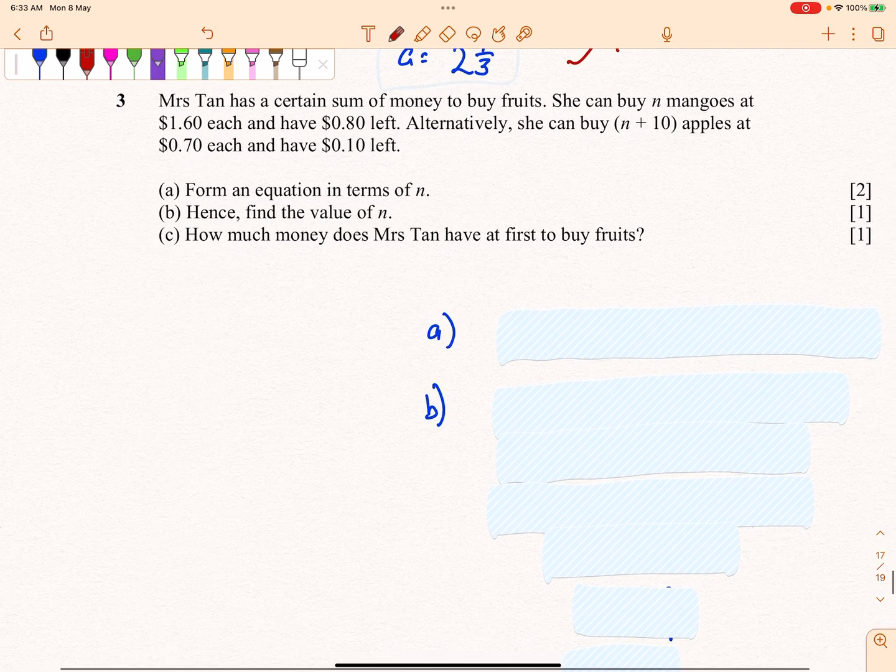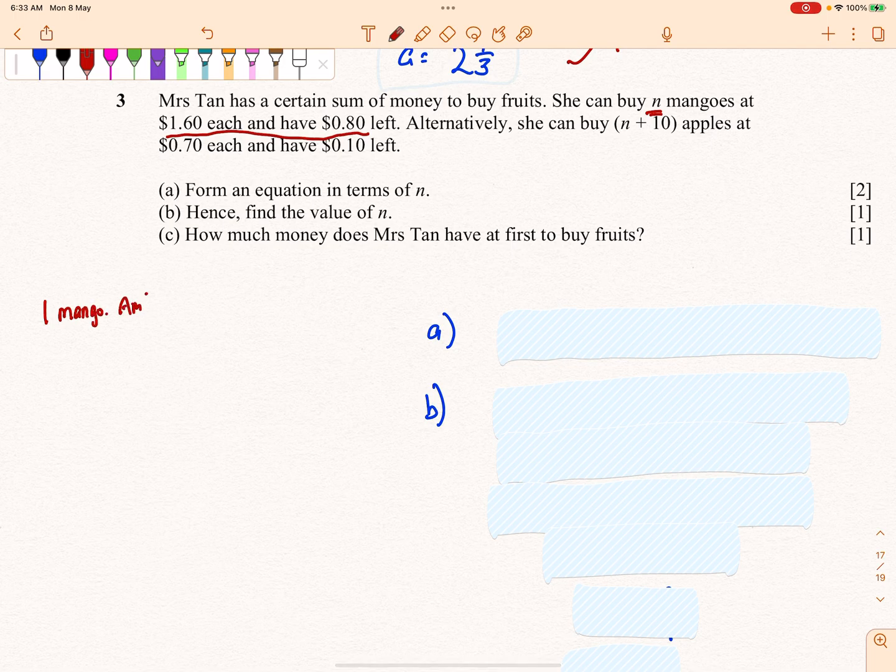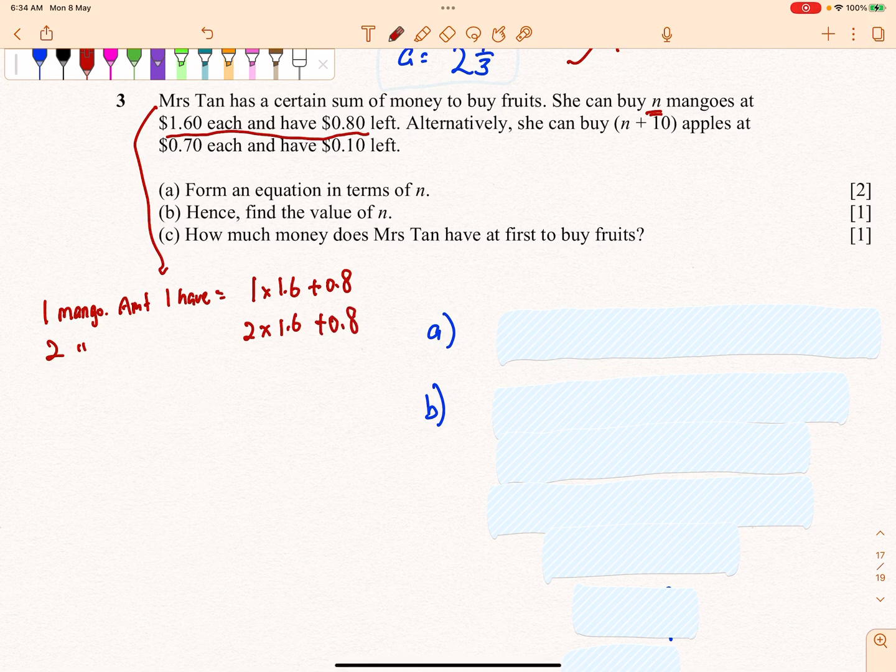Now, next one. I can buy n mangoes and I will get 80 cents left. If I can buy 1 mango, the amount of money Mrs. Tan has is 1 times 1.6 plus 0.8. If I get 2 mangoes, I pay 2 times 1.6, and I still have 0.8 left. So if I get n mangoes, it is n times 1.6 plus 0.8.